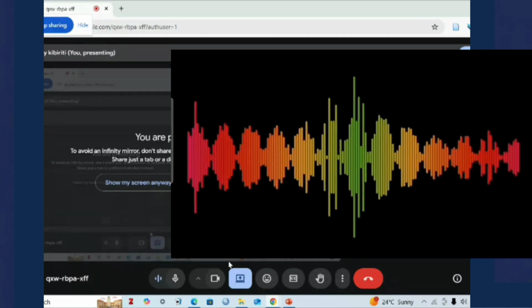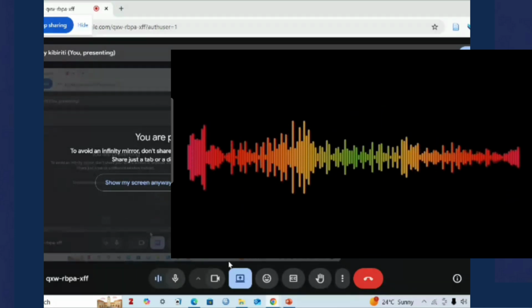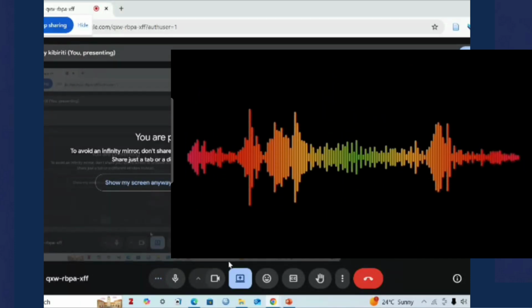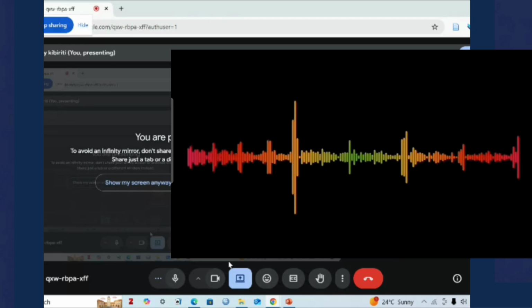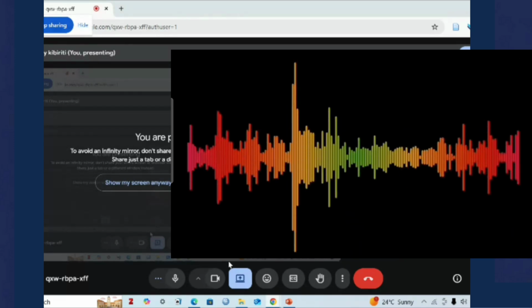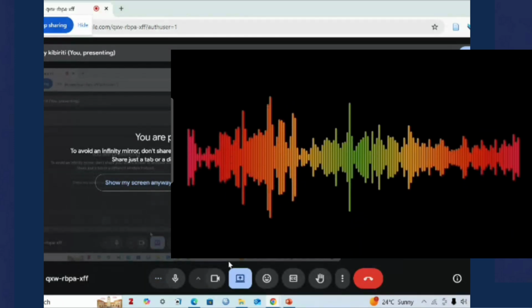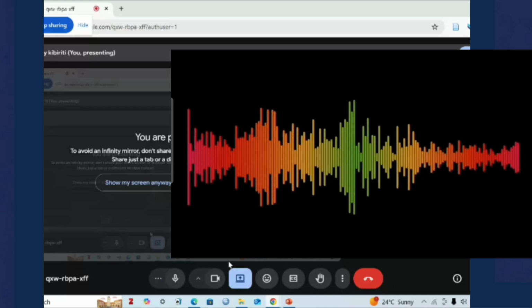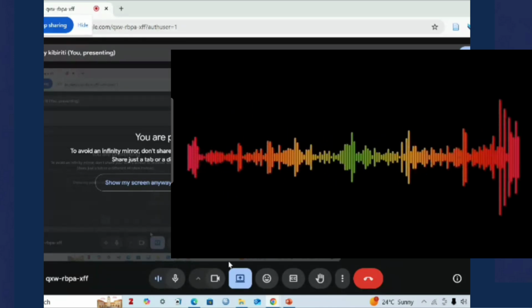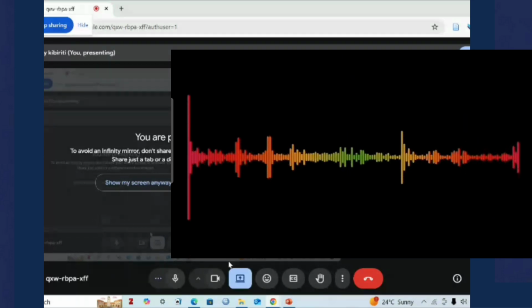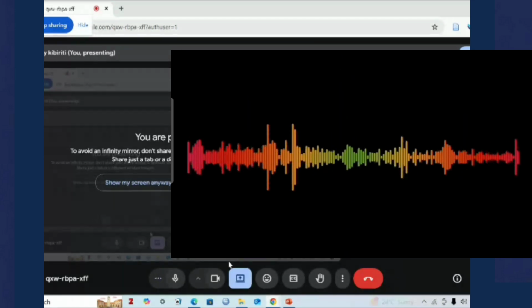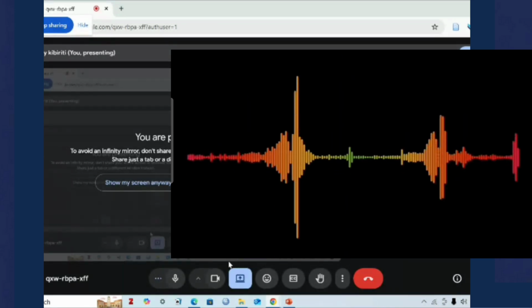Okay, what happens when acetylcholine works on the skeletal muscles? There is contraction. Good. Contraction of muscles.